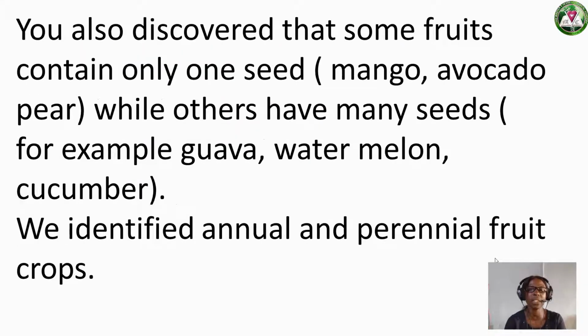You also discovered that some fruits contain only 1 seed, for instance mango and avocado pear, while others have many seeds, for example guava, watermelon, cucumber, and so on. We also identified annual and perennial fruit crops.